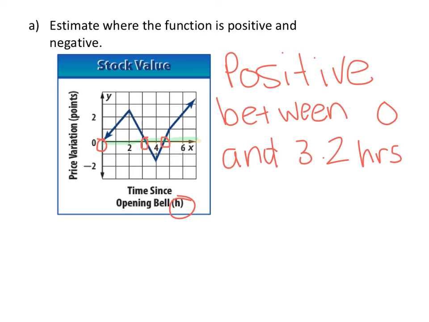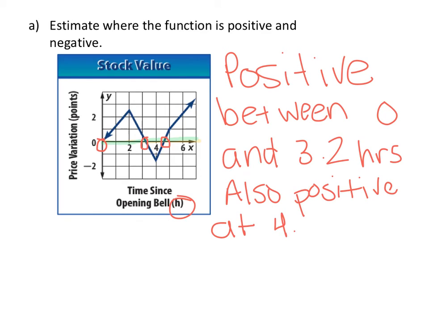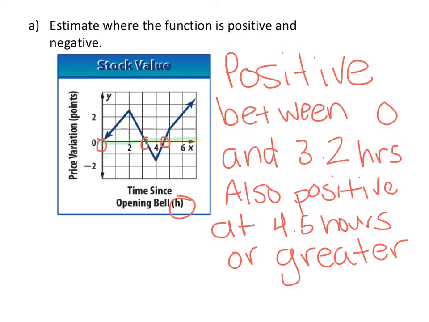And also positive at, we'll go 4.5 hours or greater. So that's where it's positive. So again, it's positive from here to here and there to there.